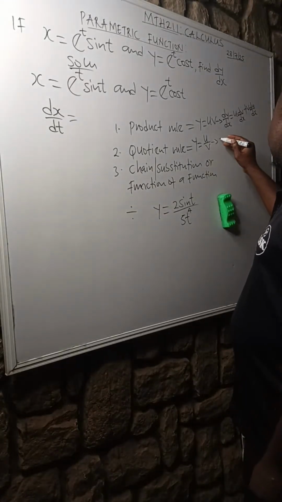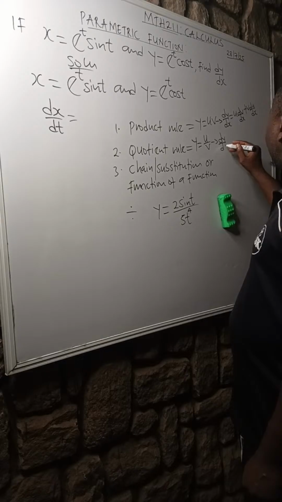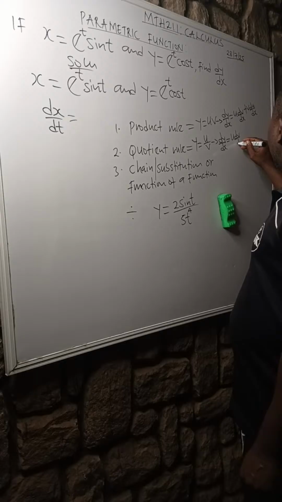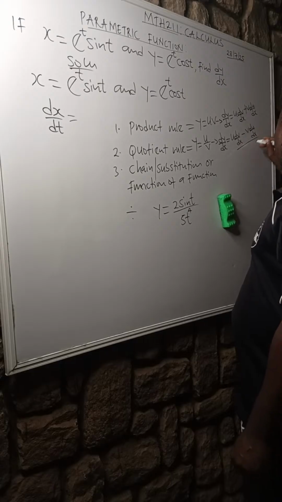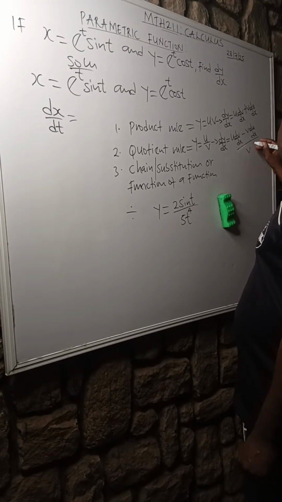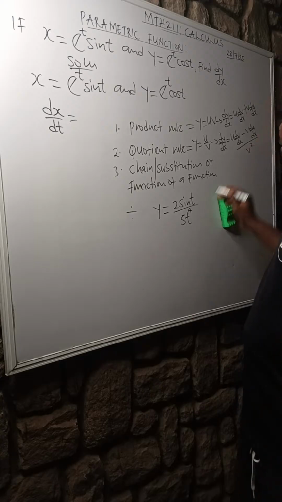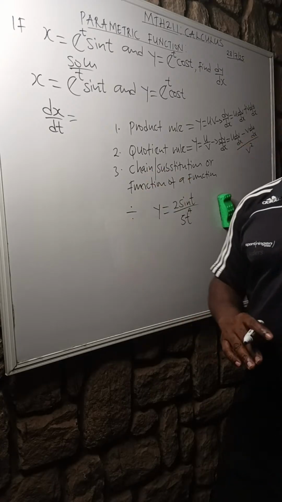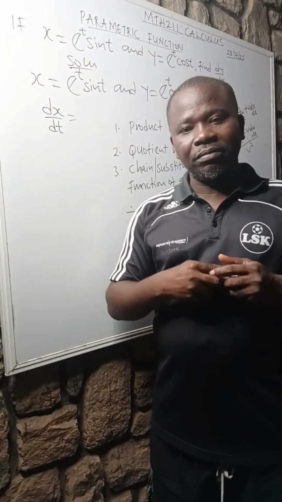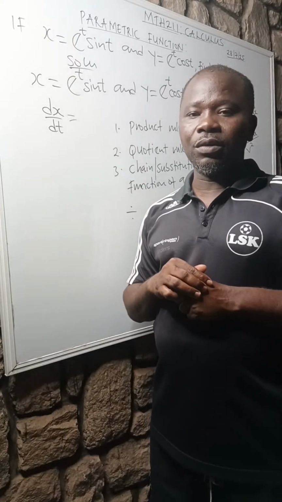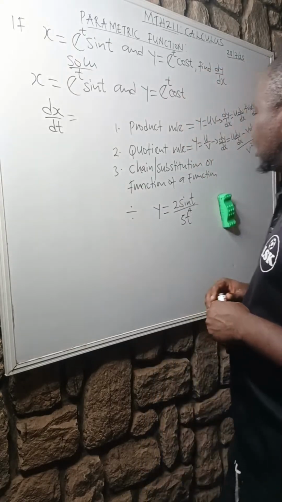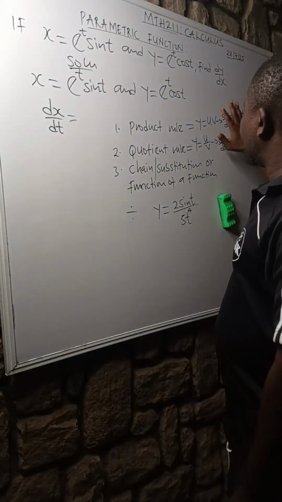The formula is dy over dx is equal to u dv over dx minus v du over dx, then all over v squared. This is the quotient rule. Then the chain rule is what will form the formula for the chain rule. Is that clear? Are you following?